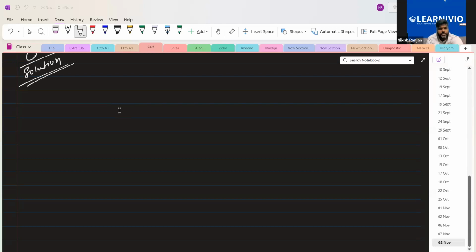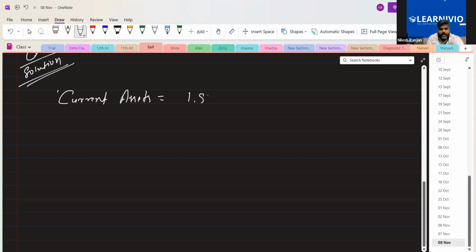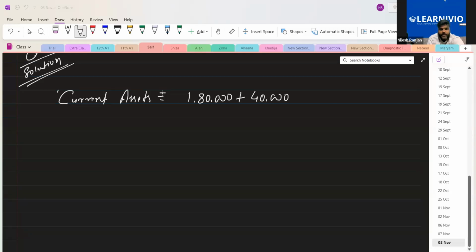So trade receivable is 1,80,000. It is question number one. So we will write current assets equals trade receivable 1,80,000 plus prepaid expenses 40,000 plus cash and cash equivalent 50,000 plus marketable securities 50,000.